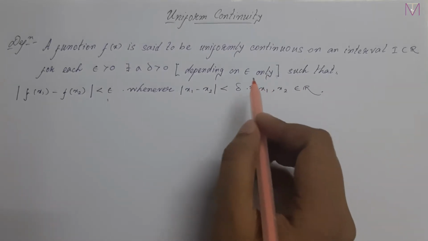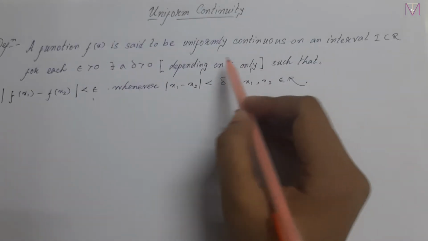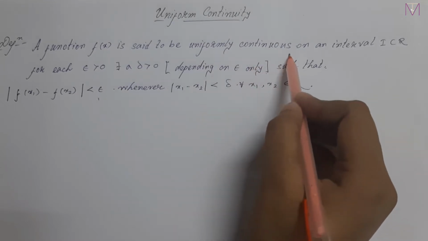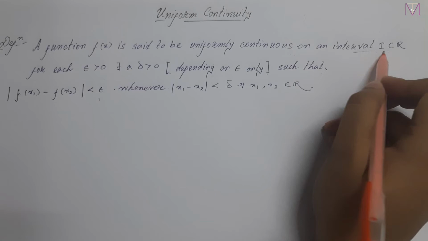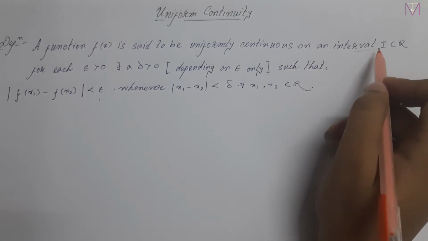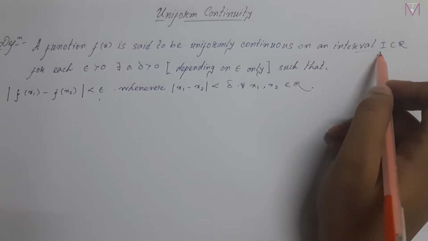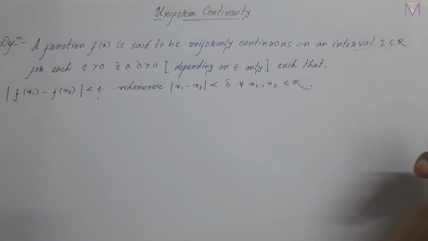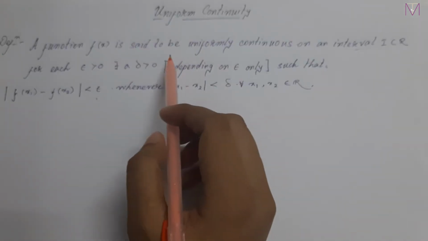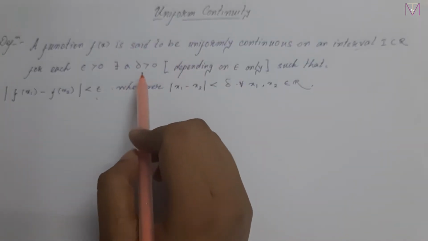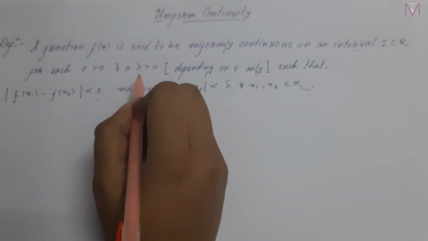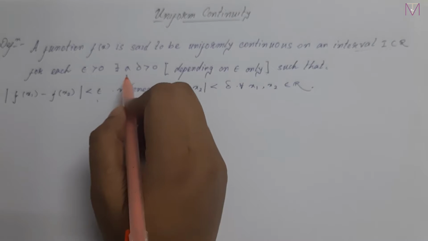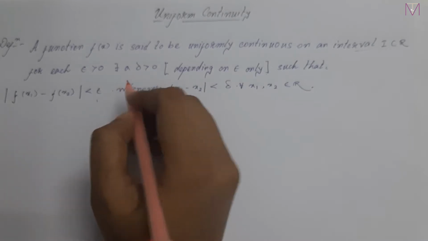Here we have to notice that uniform continuity is defined on an interval I subset of R. Obviously, this uniform continuity works on an interval. So we can say that between uniform continuity and continuity there is some difference.